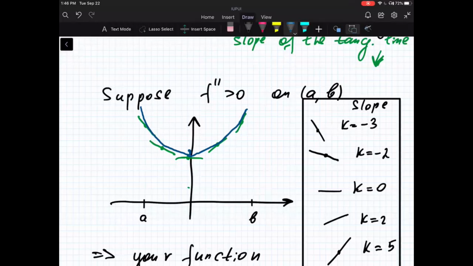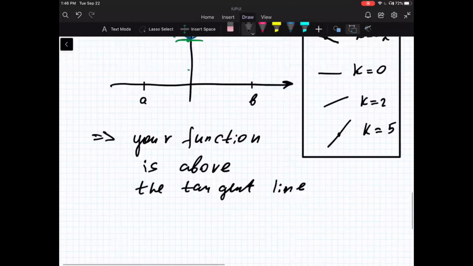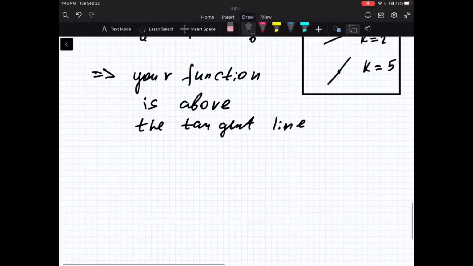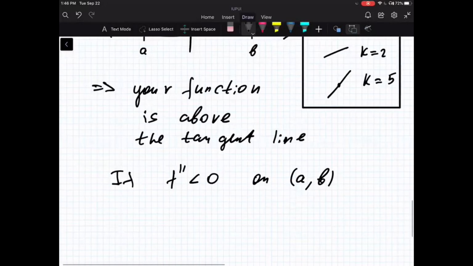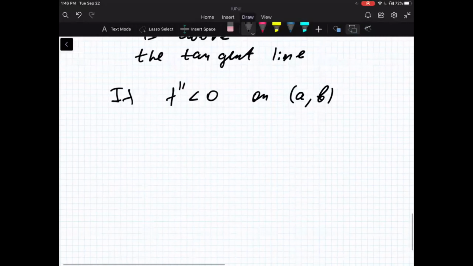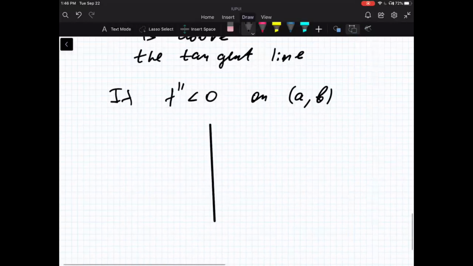Okay, this is mine. But what if I know that the second derivative is negative on my interval AB? Then I should go the other way around. That means that the slope of the tangent line is decreasing.